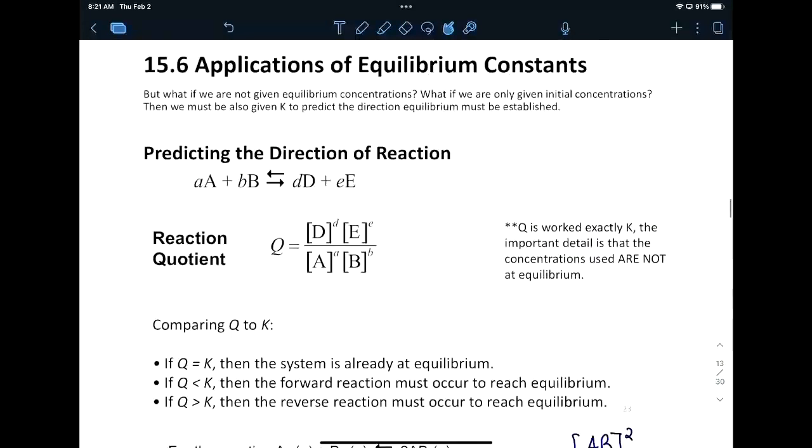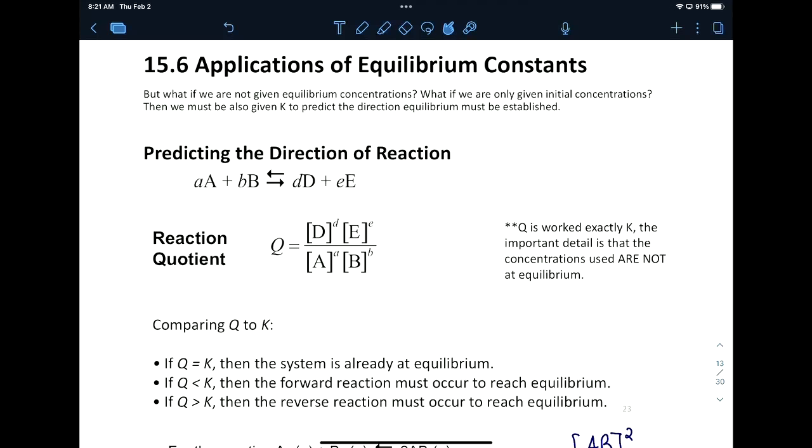Well, sometimes it's less obvious what direction the chemical equilibrium will go. So what we do when we're given non-equilibrium concentrations, where we have reactants and products, it's not as obvious which direction it goes. We can do a back of the envelope type calculation to predict the direction it needs to go.